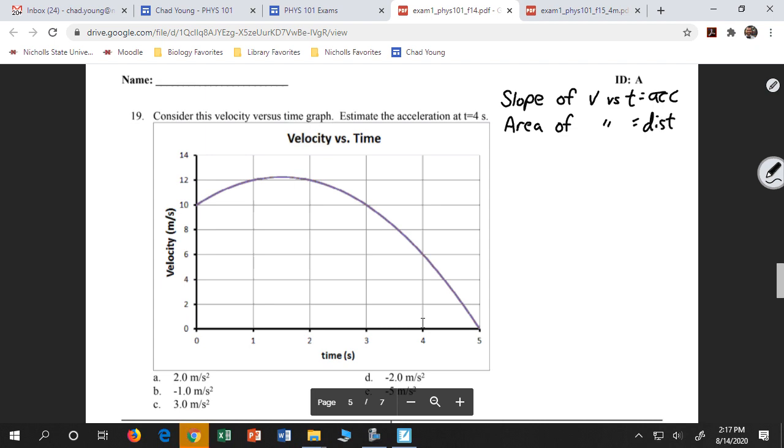And so here I want to know the acceleration at t equal 4 seconds. Usually when I give you these, I'll give you a section of the graph that is fairly linear. And so you'll be able to draw a straight line at that point. So at t equal 4 seconds, I need to draw a line that is tangent to that point. And so it's going to look something like this.